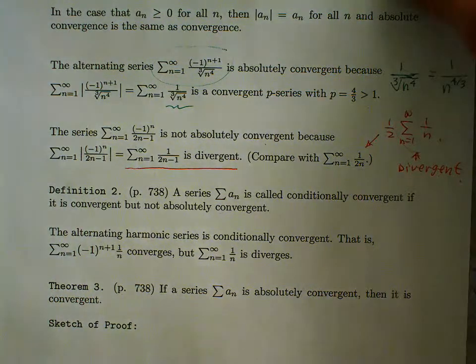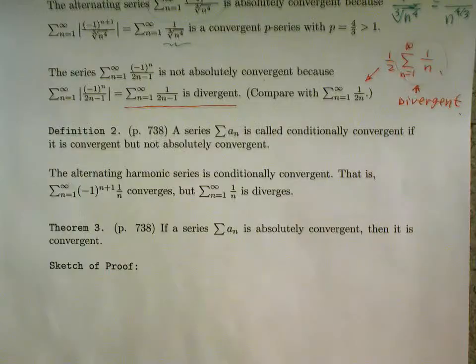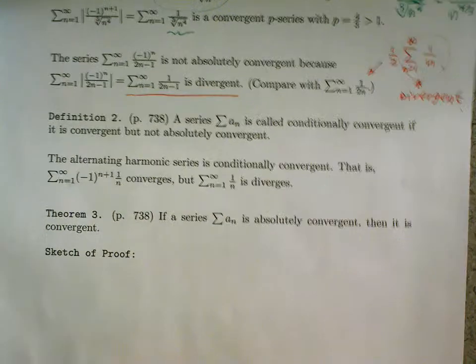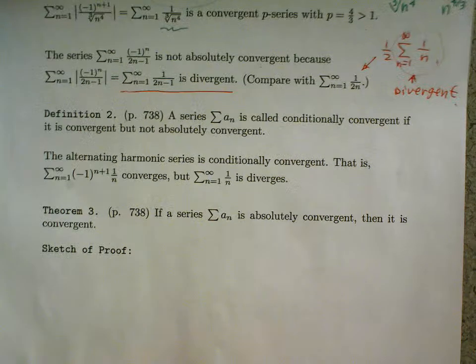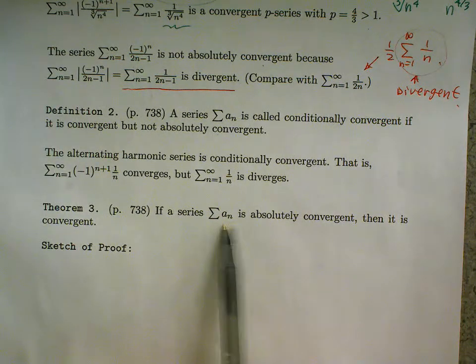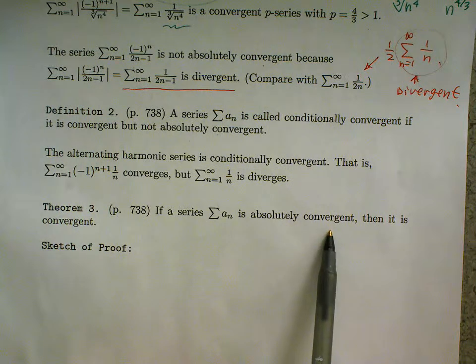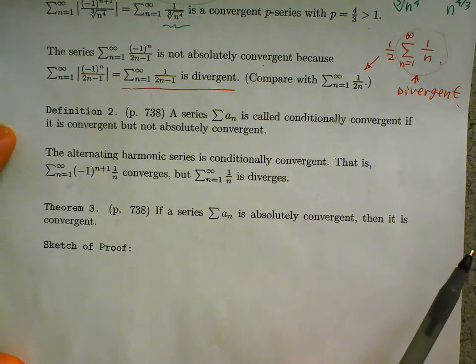Okay, theorem 3 from section 11.6 is going to be a useful theorem. This one says if a series with terms a sub n is absolutely convergent, then the series is convergent.